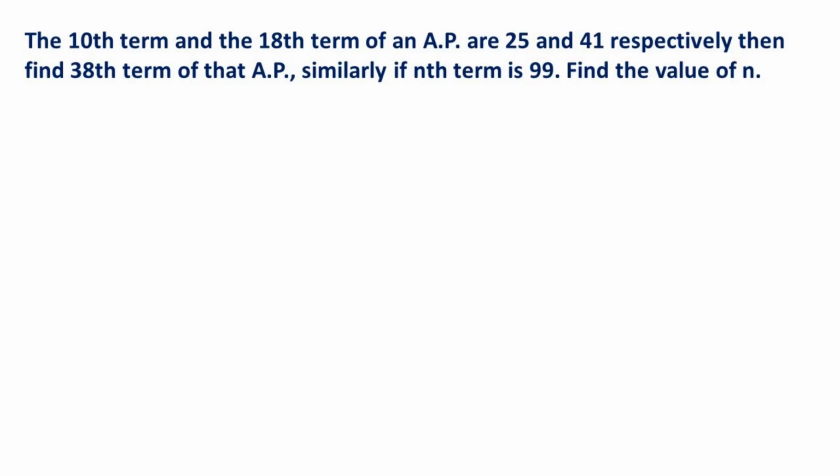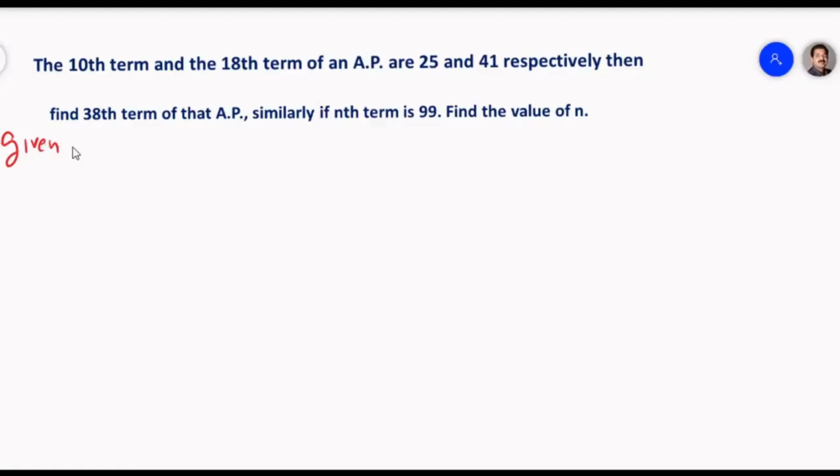We know what is given over here: the 10th term is equal to 25, the 18th term is equal to 41, right? This is what is given. We also know the general formula Tn is equal to a plus n minus 1 into d, where a is the first term and d is the difference between consecutive terms.